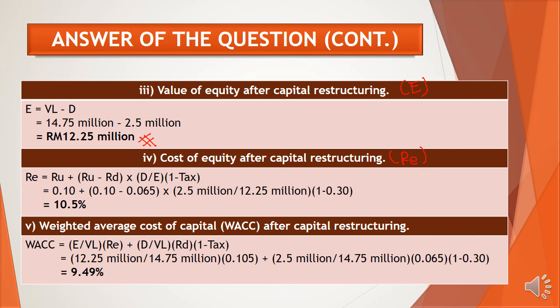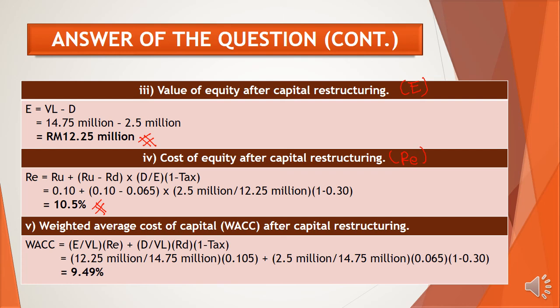So RU is given at 10%, so 0.10 plus 0.10 minus RD, which is the interest rate given at 6.5%, times debt 2.5 million divided by E. The E that we calculated in question number 3 is 12.25 million, and then times 1 minus tax. You will get the answer for cost of equity equal to 10.5%.